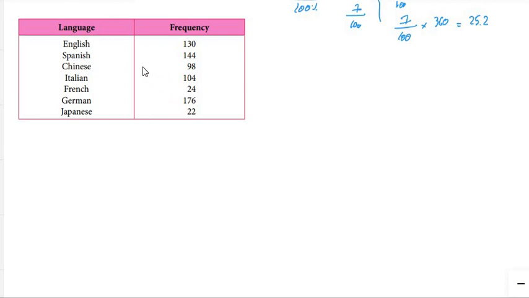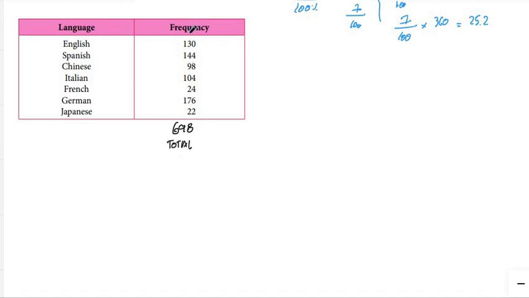A pie chart will have different sectors, one representing English, one Spanish, one Chinese, one Italian, one French, one German, and one Japanese. In this case, you have the information given in quantities, the frequency. The first thing you have to do is find the total frequency. I sum them all, and the total is 698.